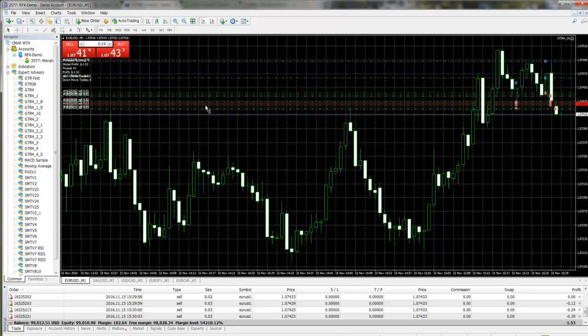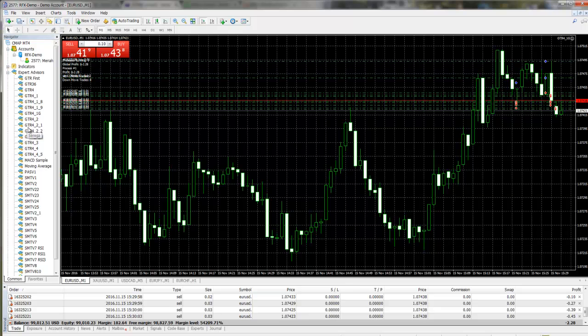So, as you can see, launching a robot, the algo trading or expert advisor, in MetaTrader 4 is simply a walk in the park. I have here a whole list of robots. I just choose the currency pair that I would like to activate right now.